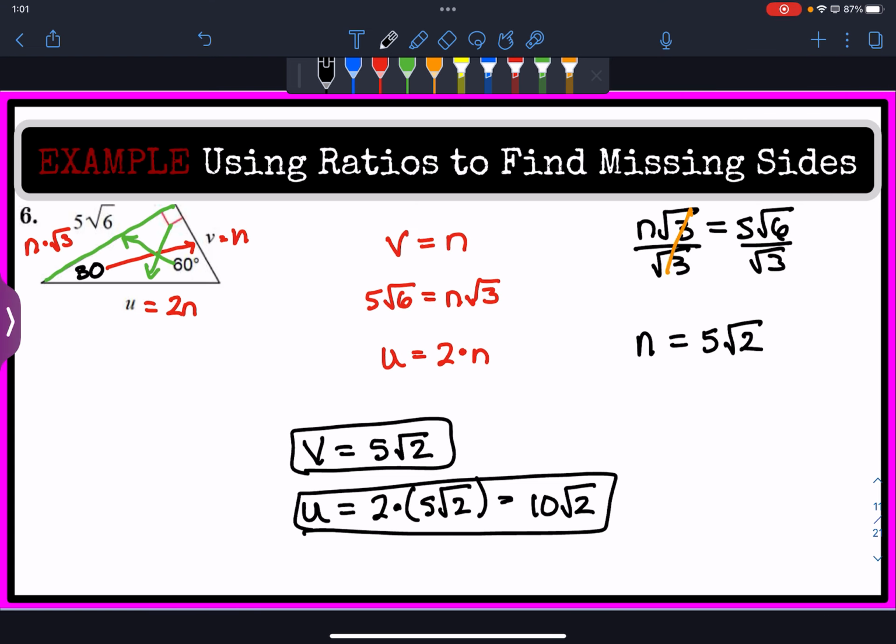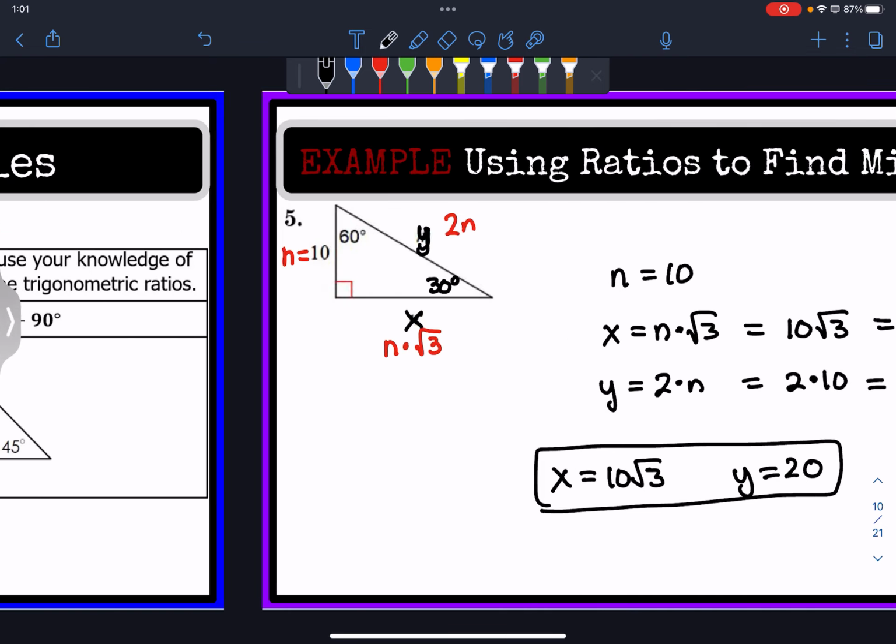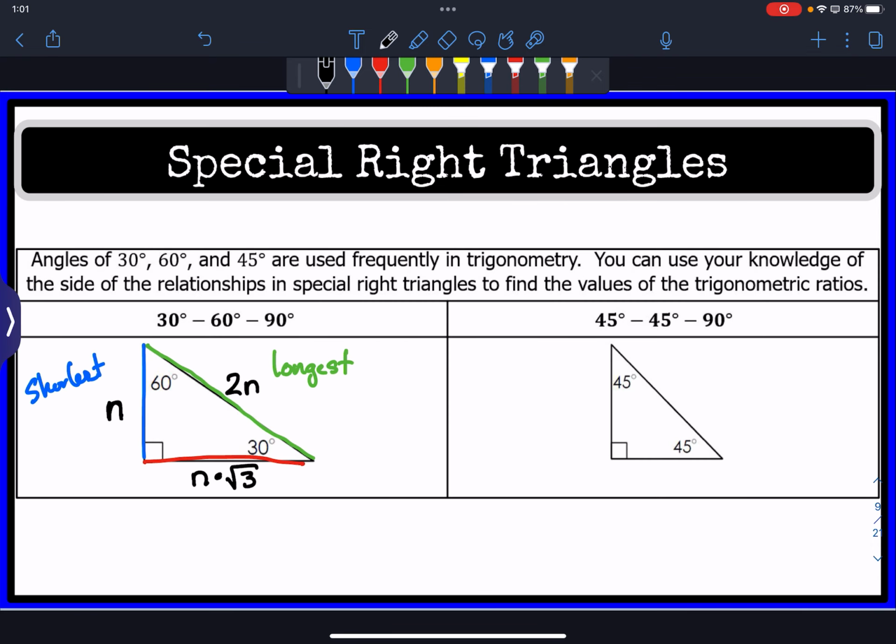There you have it. Now for a 45, 45, 90 triangle, this creates an isosceles right triangle, which means that these two legs here are going to be of equal length. Those things are congruent. So this side and this side are going to equal the exact same numerical value, since one is not shorter than the other.